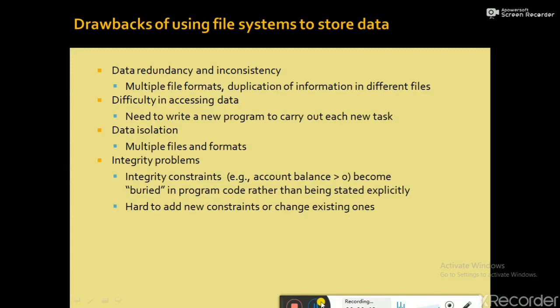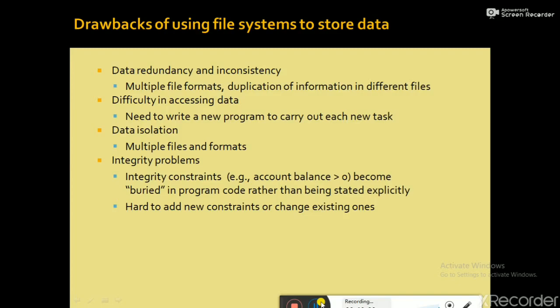Suppose several days later we need to find out the list of all the customers who live in Park Street as well as who have an account balance of more than 10,000. And again, this kind of program is not present in the file processing system.